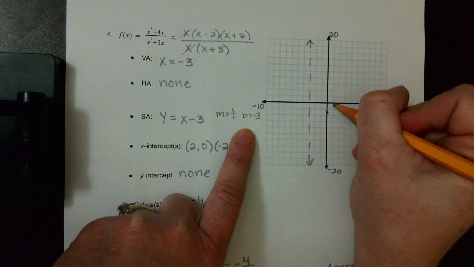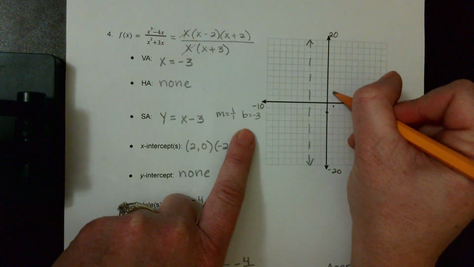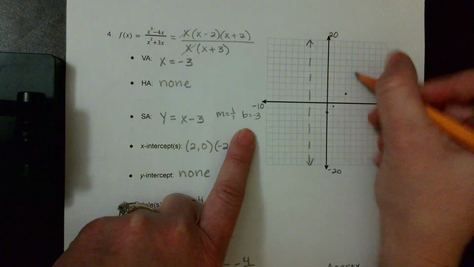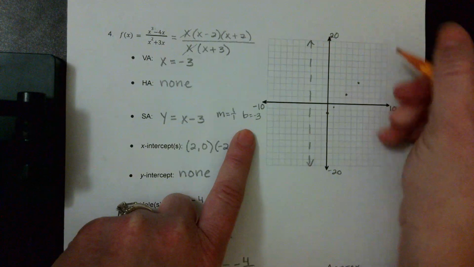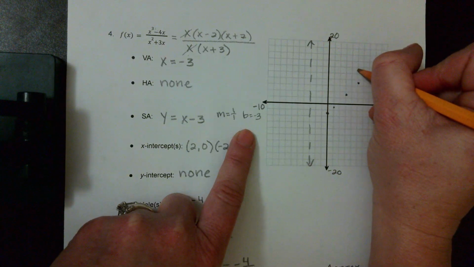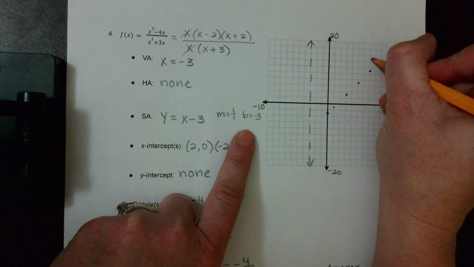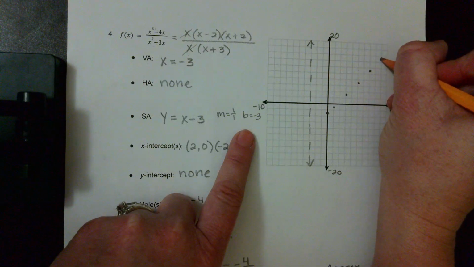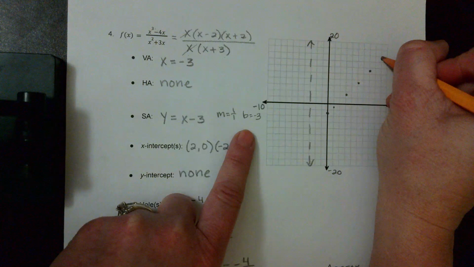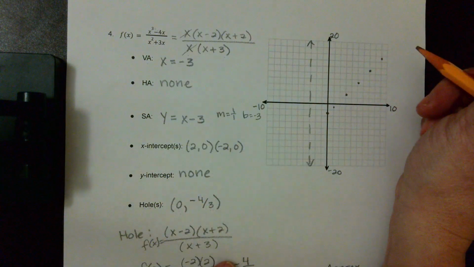That's going to take me forever, so I'm actually going to go up 2 and right 2, up 2 and right 2, up 2 and right 2, up 2 and right 2. I'm just making sure that that's correct.